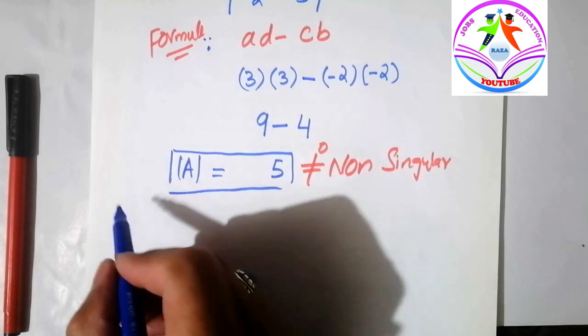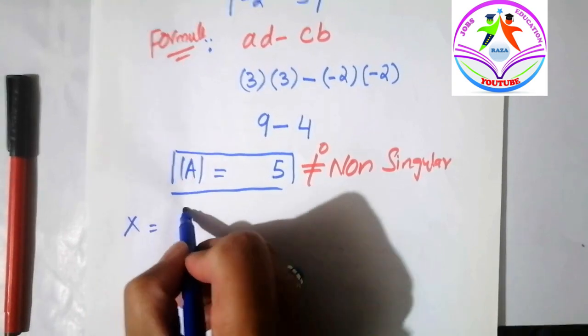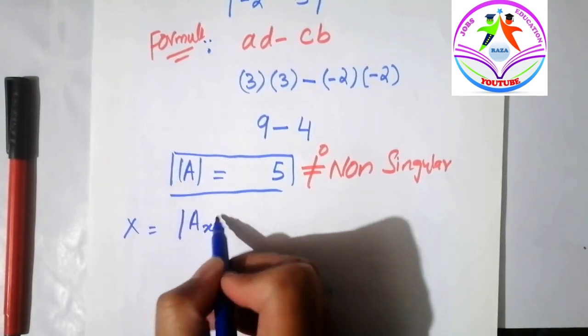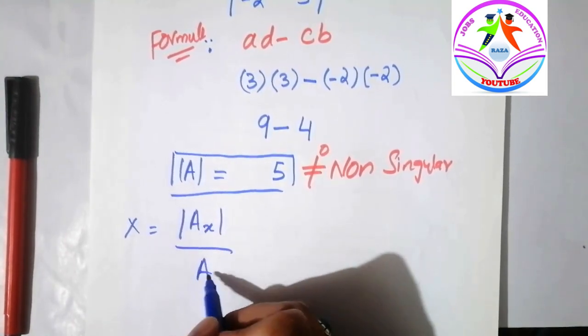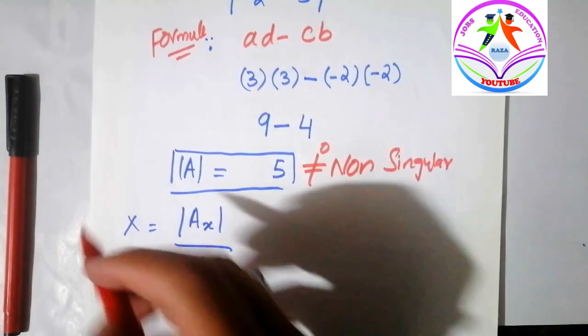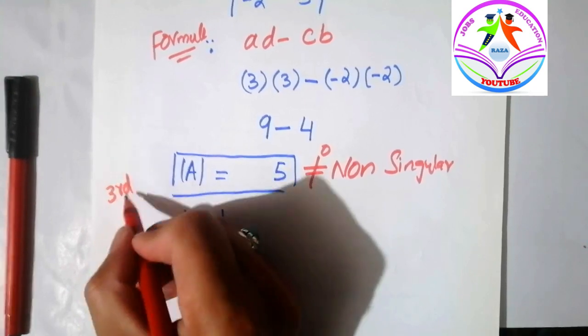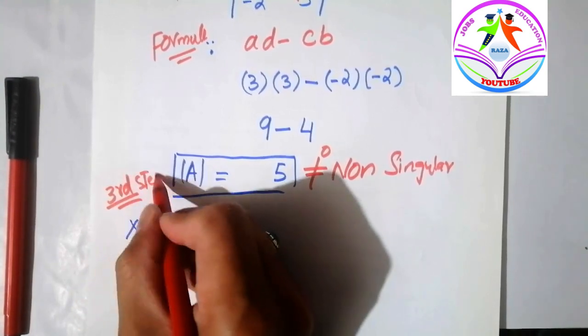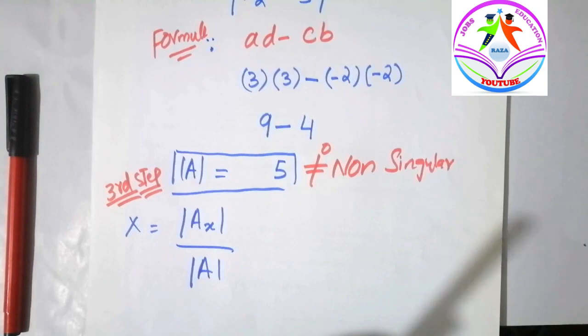We know that x is equal to the determinant of AX over the determinant of A. So this is our third step. First we find the x value, then we can find the y value.